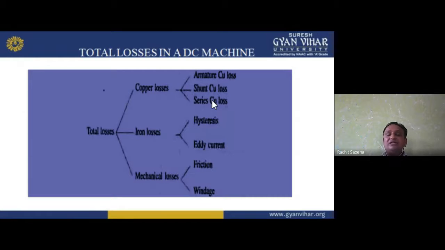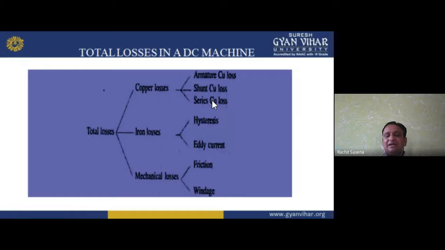Now, my dear students, I told you earlier in the previous lectures of this series that we have 2 types of DC machines: separately excited, with a separate DC source, and self-excited, using residual magnetism.